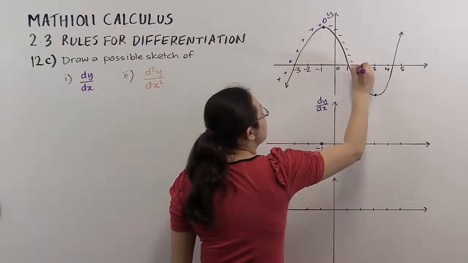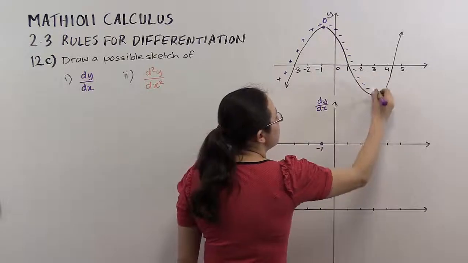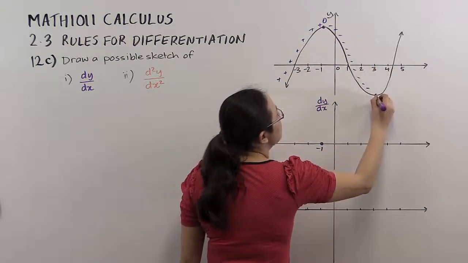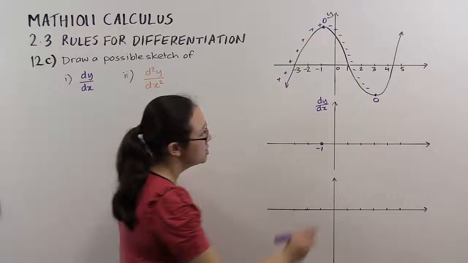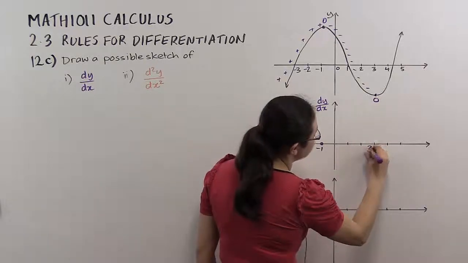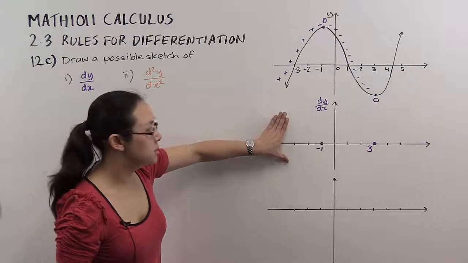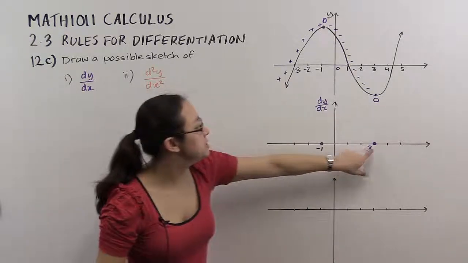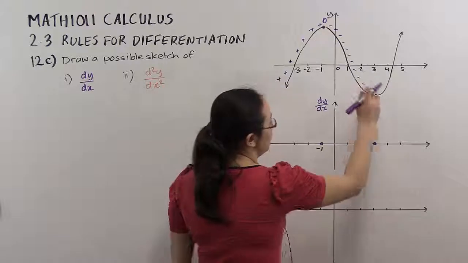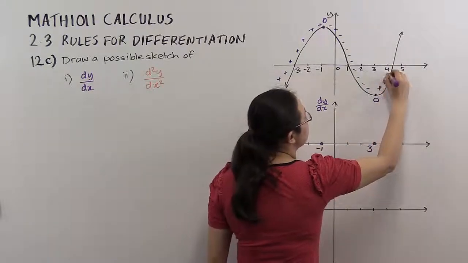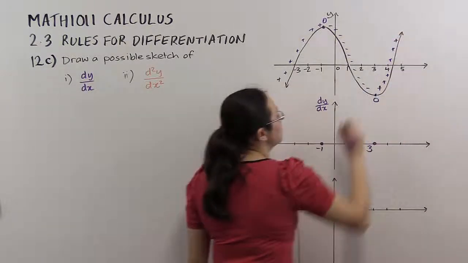This is decreasing on this interval until this point when x is 3, when the slope is 0. So at 3 here, dy/dx is 0. So the gradient function must be 0 here. And then we continue to walk along and it's increasing, so the slope is positive.